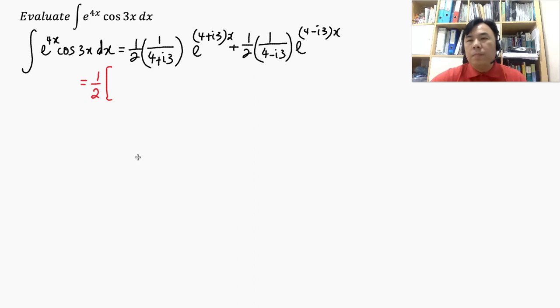If I rationalize that, I would get 4 minus i3, or 3i if you prefer, over 25 at the top here. And then for this expression, you can see that it's actually e to the 4x, so I try to isolate that out.